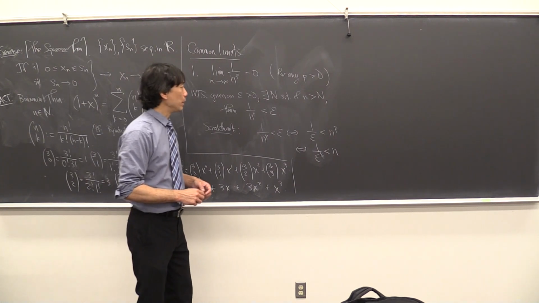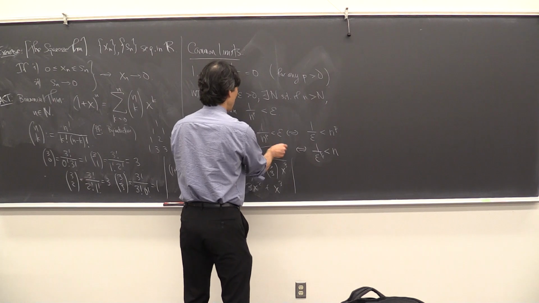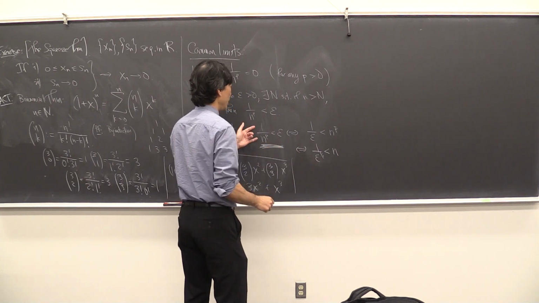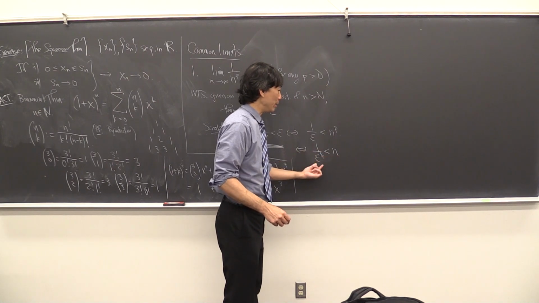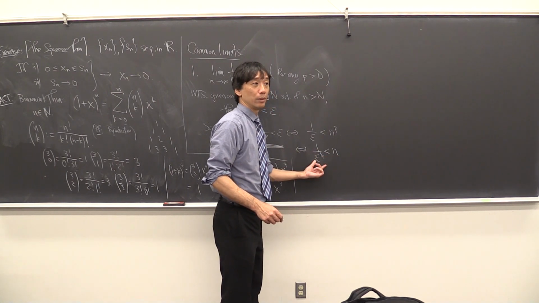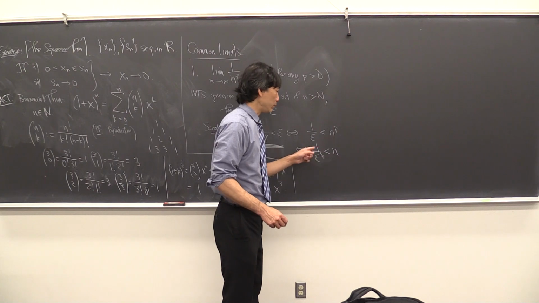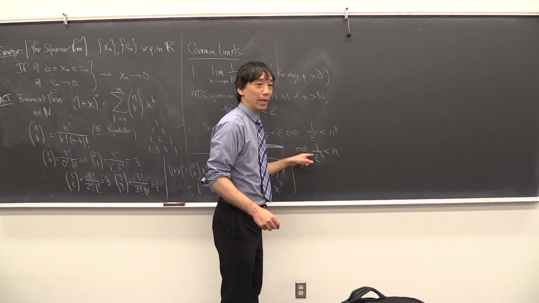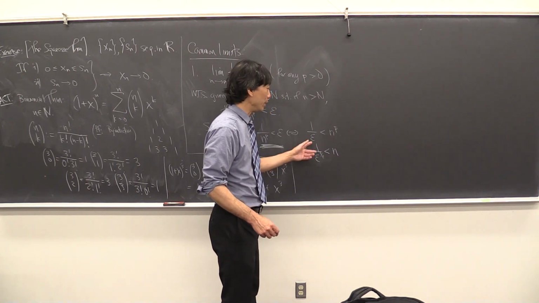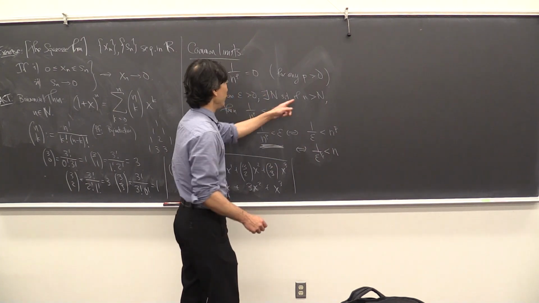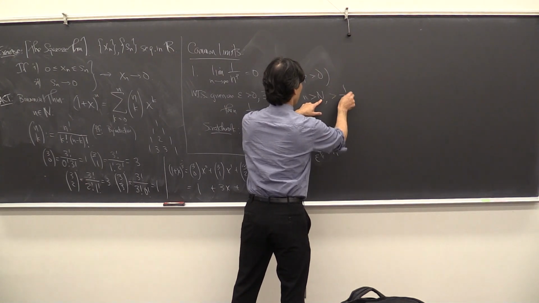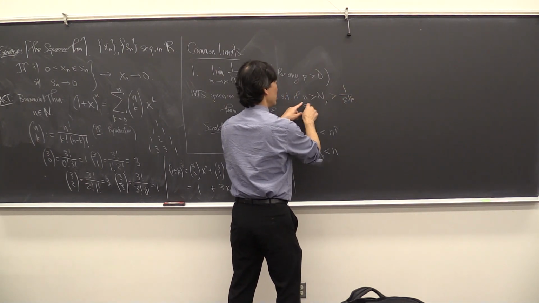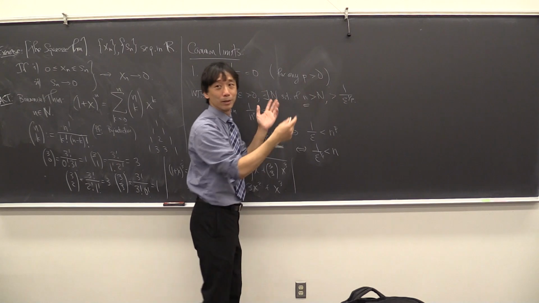So in order for this desired thing to happen, all I need is for n to be bigger than this. So just choose any capital N bigger than that. If n is bigger than that capital N, which is bigger than this thing, then this is bigger than that thing, and then you're done.